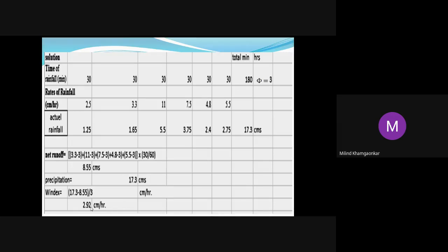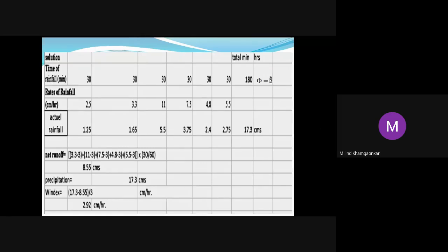We know that the W index is exclusive of the whole abstraction, that is the depression storage, the evaporation, the transpiration, and interception. So the W index is always less. It is purely what we call the infiltration rate, below which the whole quantity is infiltration.